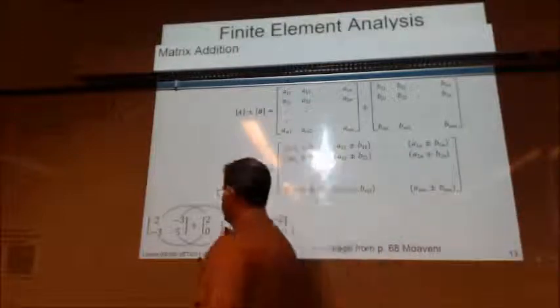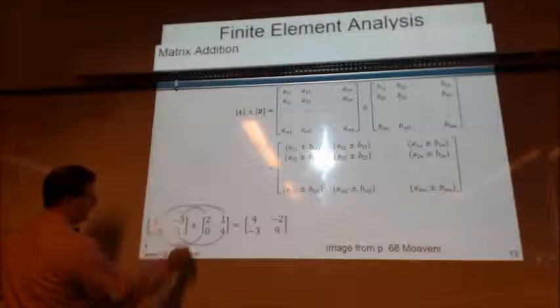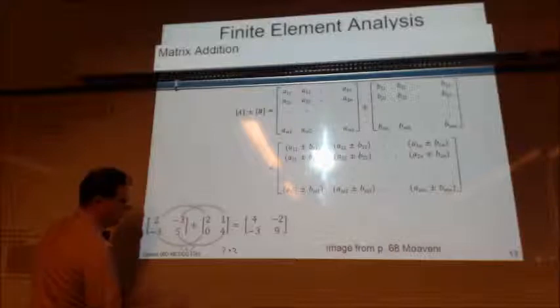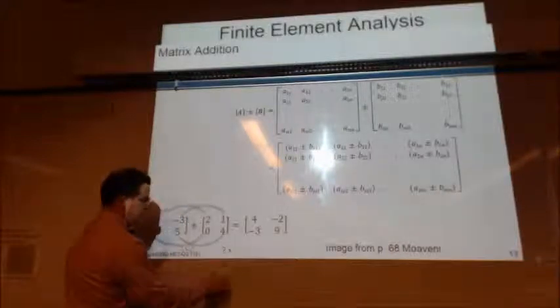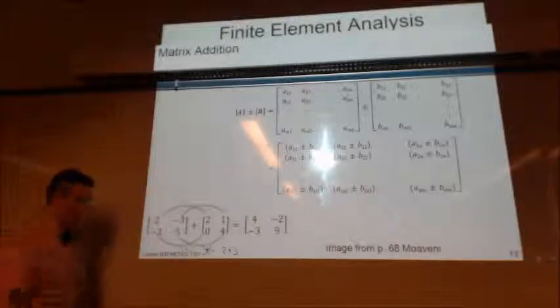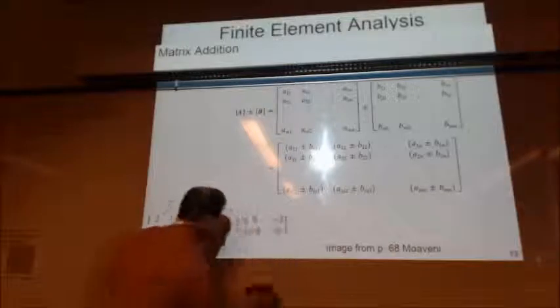So this is 2 rows by 2 columns, and you can add it to a 2 by 2. But if you have a 2 by 3, then you can't add them together. Have to be the same size.